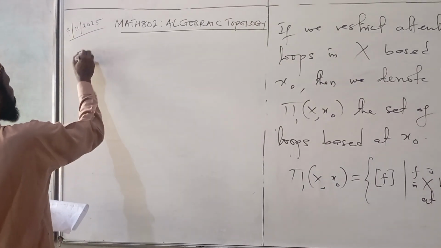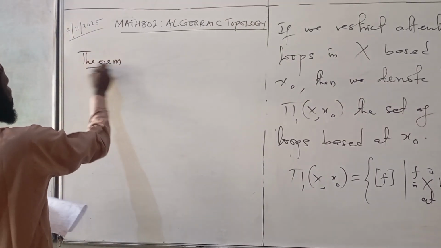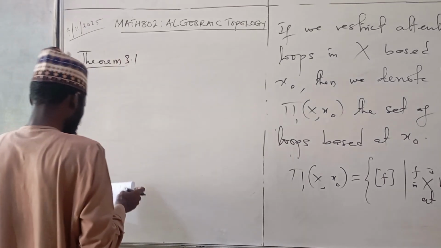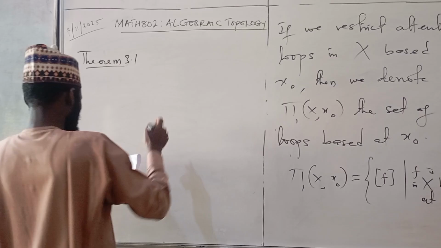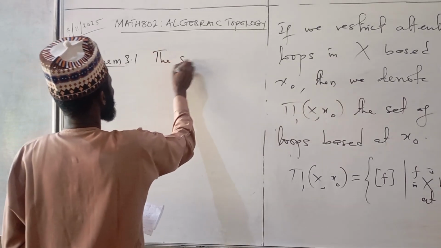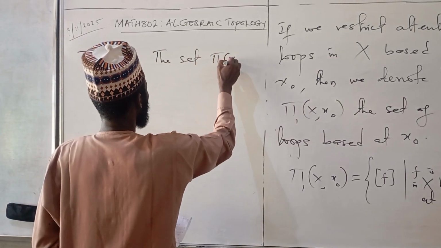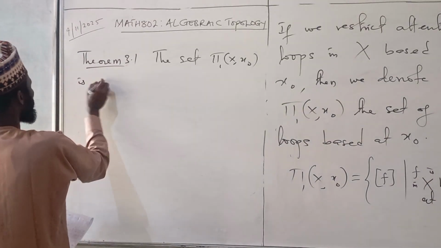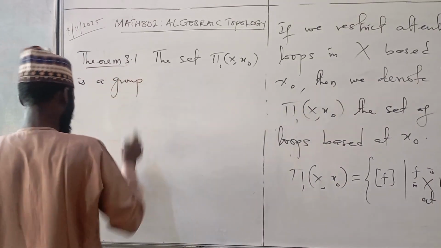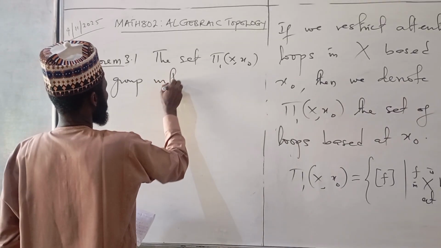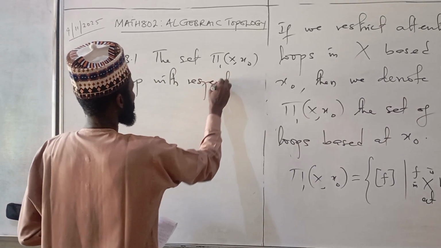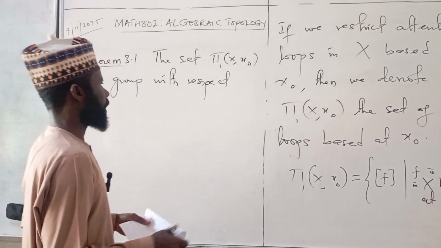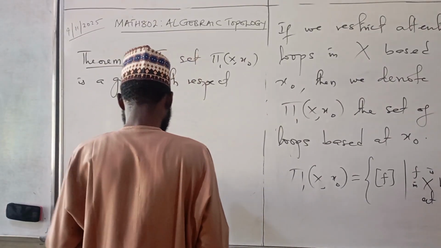So we prove the fact that it is a group. Now this will be 3.1 then. So the set phi 1 x, x naught, we have introduced that is a group with respect to, when you call something a group, you have to mention the binary operation with respect to which it is a group.